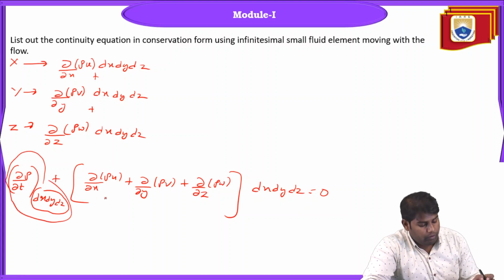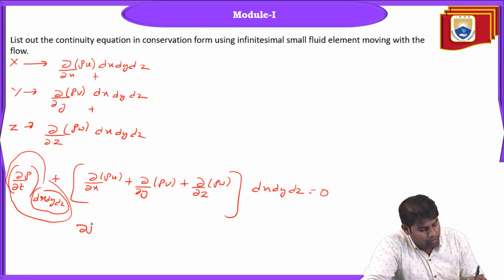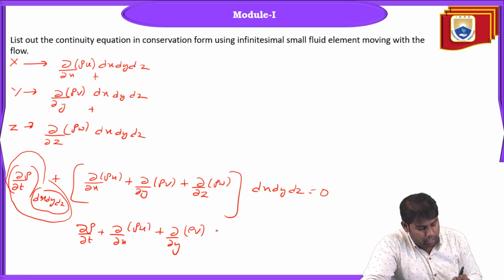Okay, so when you send the dx dy dz terms to the right hand side, the remaining terms are dou rho by dou t plus dou by dou x of rho u plus dou by dou y of rho v plus dou by dou z of rho w is equal to 0.